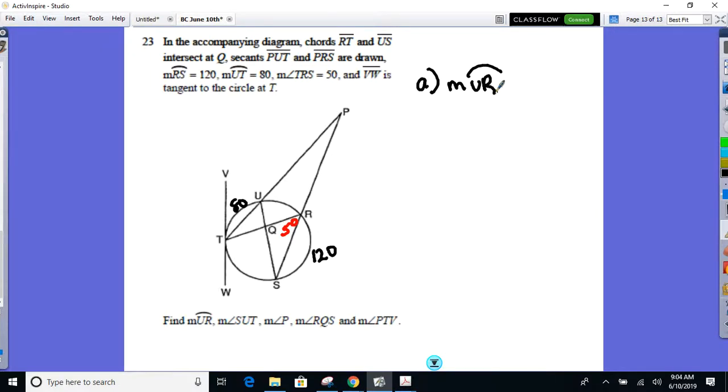Correct. This is not a party hat. UP is not equal to RP. They have to be formed by tangents, not secants.